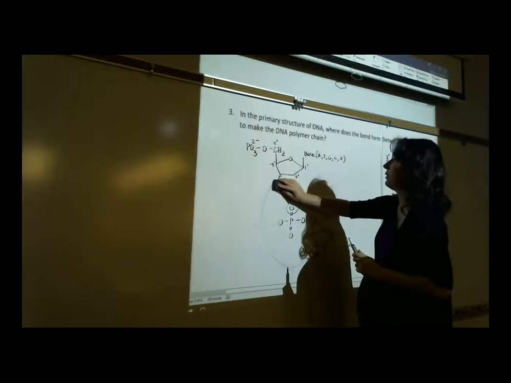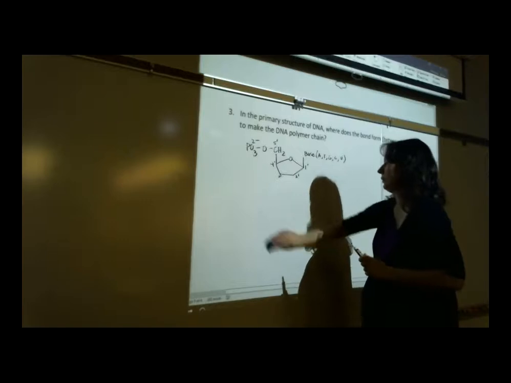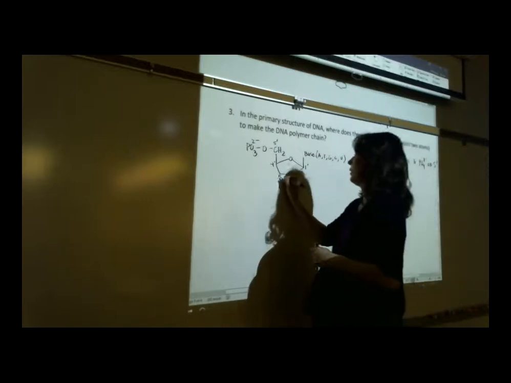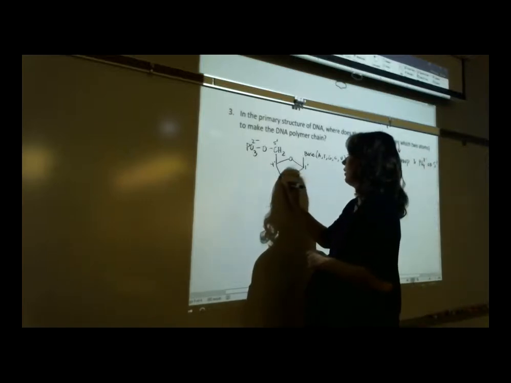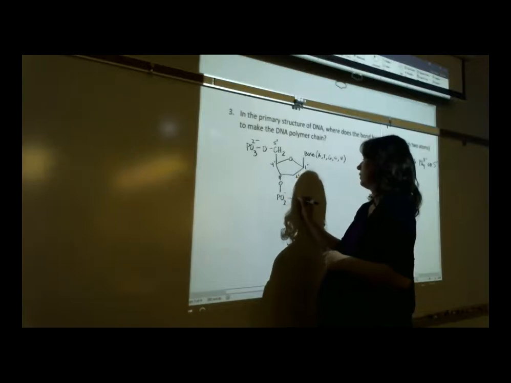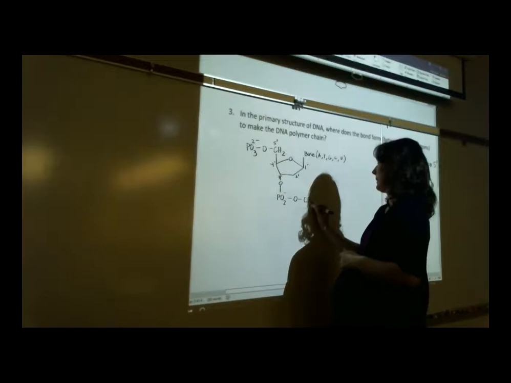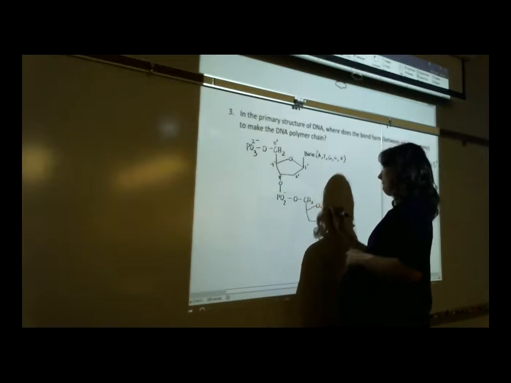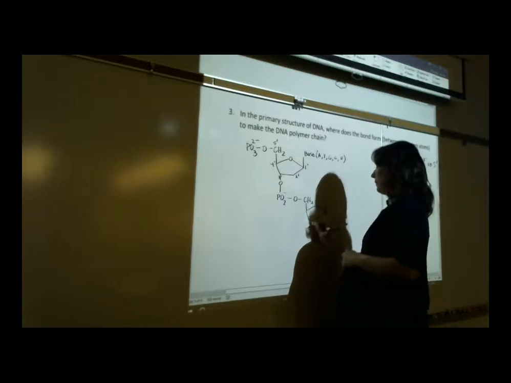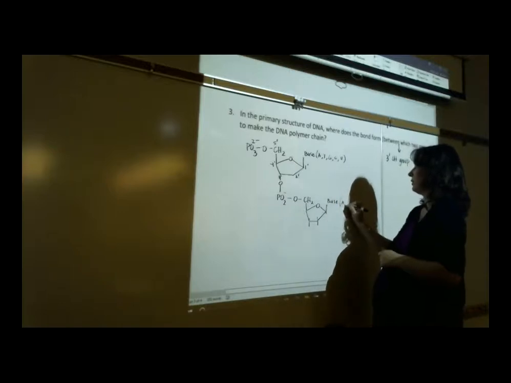So when we draw it, there's my 3. You've got O, and then PO2 minus O, CH2O. And here's your base, whatever it is.